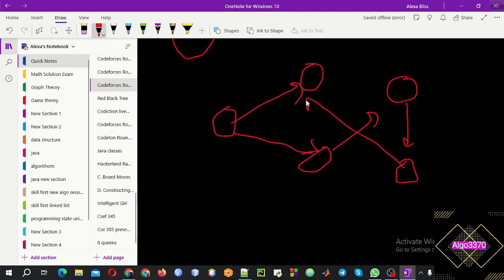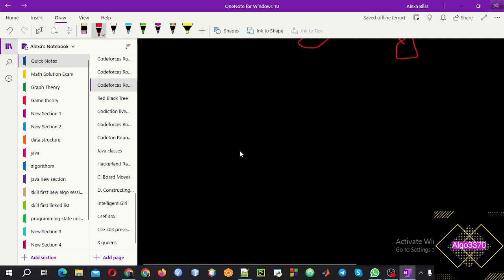What is the condition of a strong vertex? A strong vertex is a vertex from which every other vertex has a path.